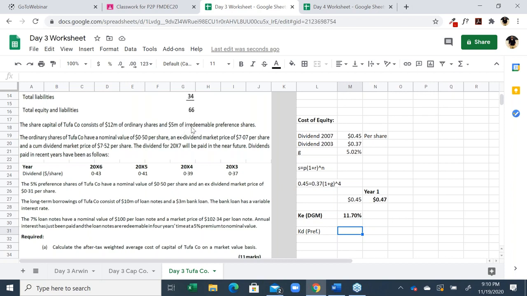Even if they haven't mentioned this, we should consider them as irredeemable. So we should take this 5% and multiply it by the nominal value. The nominal value is 0.5. Don't forget to do this, otherwise you will make a mistake. So multiply it with the nominal value and divide it by the ex-div market price of 0.31.